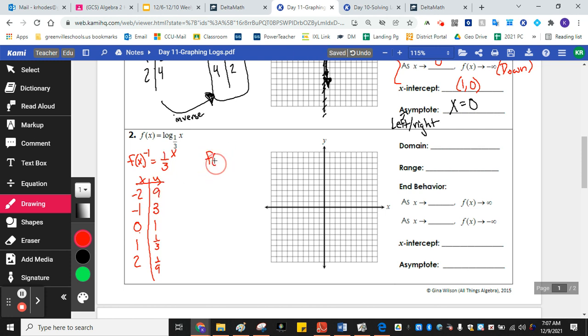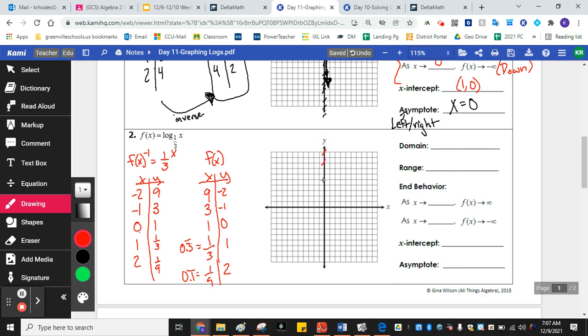So then the original, or the inverse of that, 9, 3, 1, 1/3, 1/9. Negative 2, negative 1, 0, 1, 2.